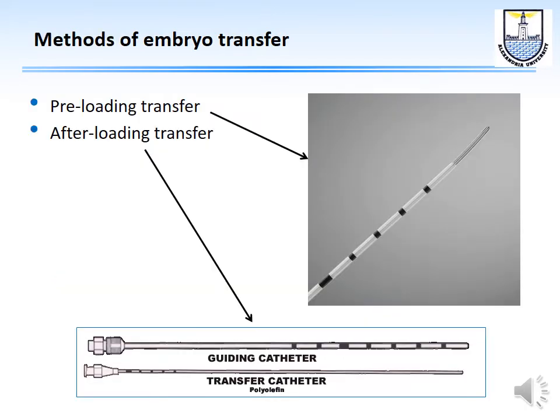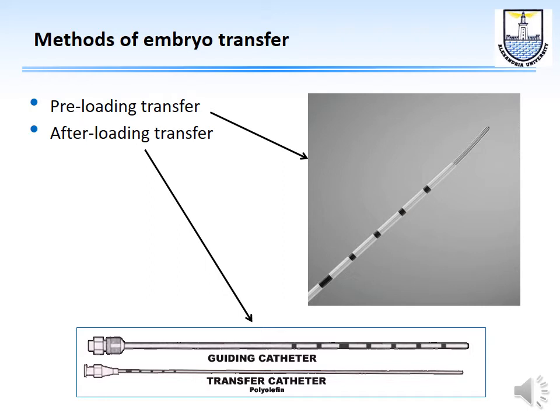And as I said, there are two methods of embryo transfer. There is the afterloading catheter, which means that you put the outer catheter, then we ask the embryologist to bring the inner catheter with the embryo or embryos inside it, and then we deposit it.